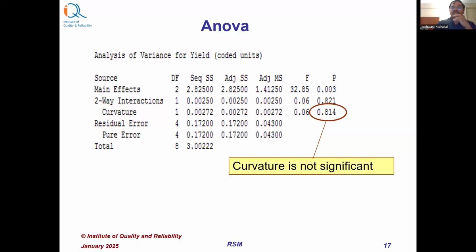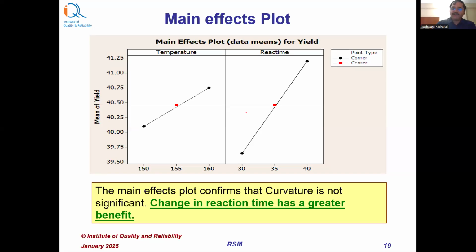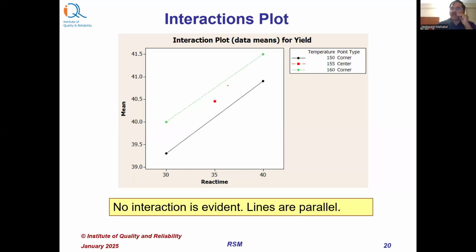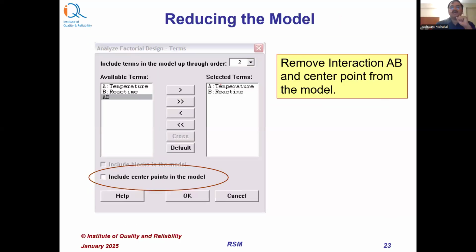Here also we have seen in ANOVA the curvature is not significant, and the main effect plots we just plotted. Change in reaction time has greater benefit, is what we have seen. Since the lines are parallel to each other, interactions are not evident. This is the Q plot. Residual plots also we have seen.